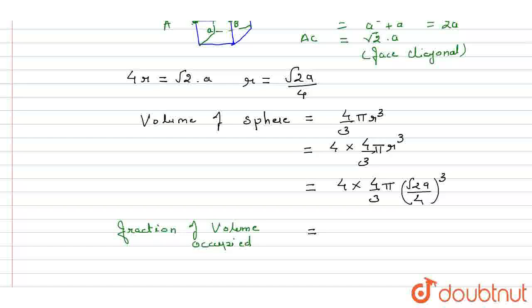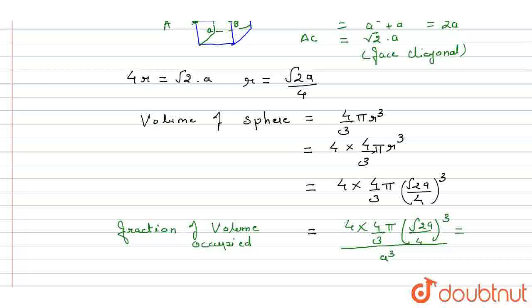Now from this, here we get 4 into 4 by 3 pi under root of 2A divided by 4 whole cube divided by A cube, because here also the volume will become A cube.